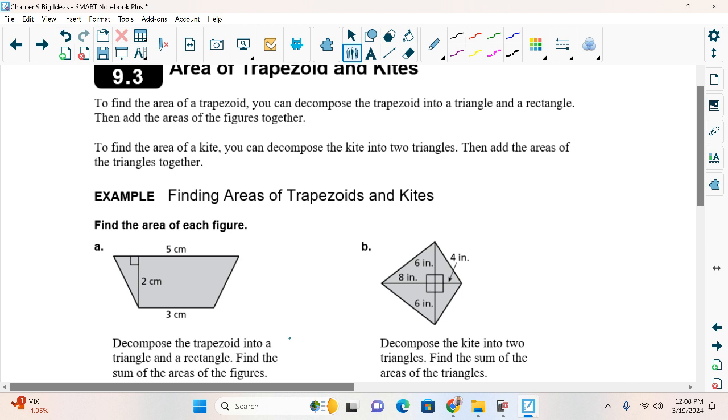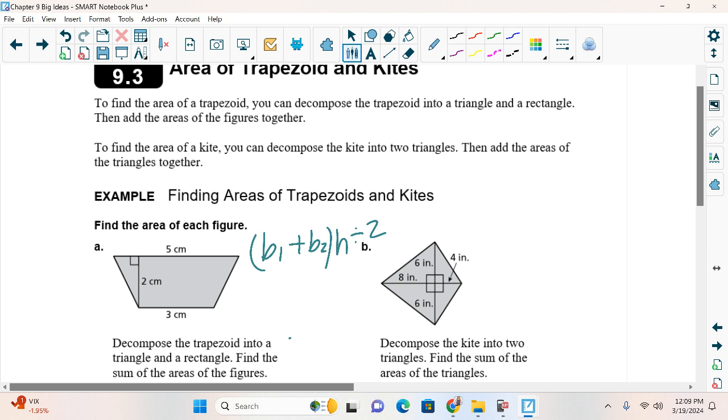You know you are. Base 1 plus base 2 times the height divided by 2. That's the formula. Base 1 plus base 2 times the height divided by 2.